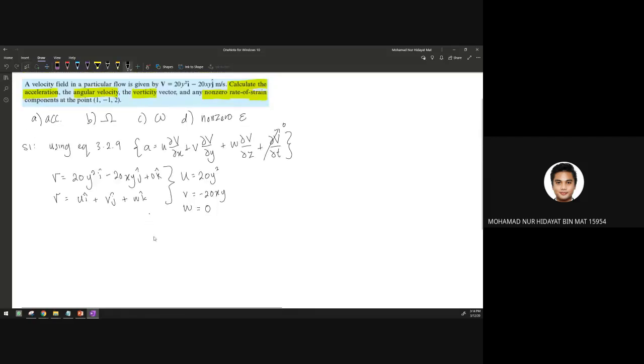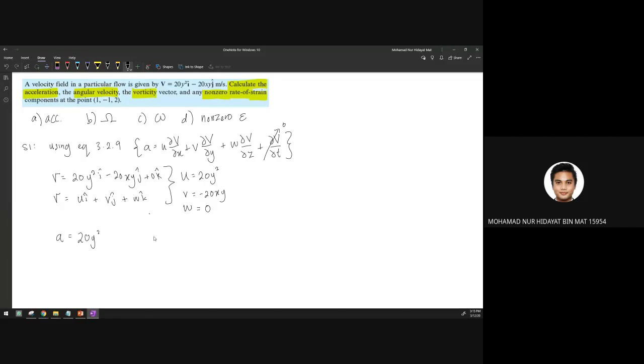So let's start with acceleration. By the way, if you have any question or any doubt, please feel free to comment there. Acceleration starts with u, which is 20y squared. What is this, the partial derivative of v over x?